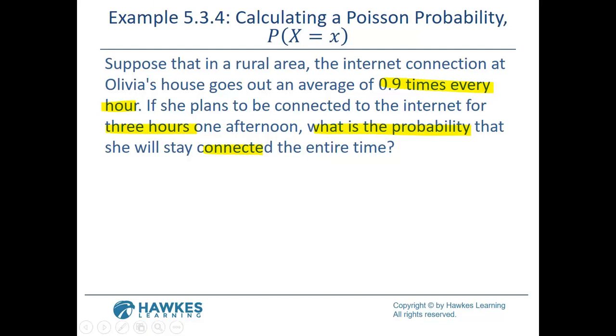As we look at this and make sure we have everything, we know that we are looking for the probability of something, so we have the probability that our X equals some number. But remind yourself that our average is on average, the internet goes out.